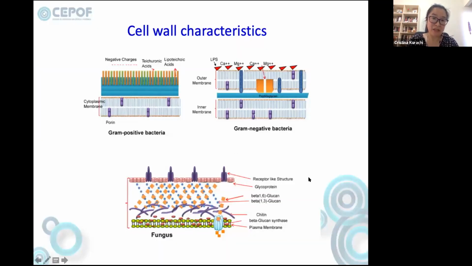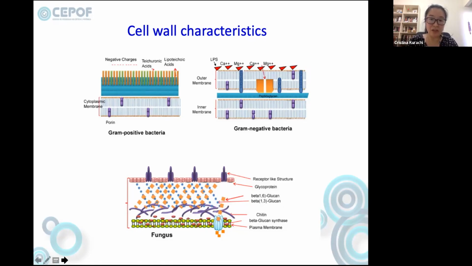And in the case of antimicrobial PDT, what is important to take into account is that it targets a large and different microorganism spectrum. We have different types of organisms, such as bacteria, fungi, and viruses, and all these different organisms have different cell wall characteristics, and these will influence the interaction of the photosensitizer with these different biochemical and structural cell walls.